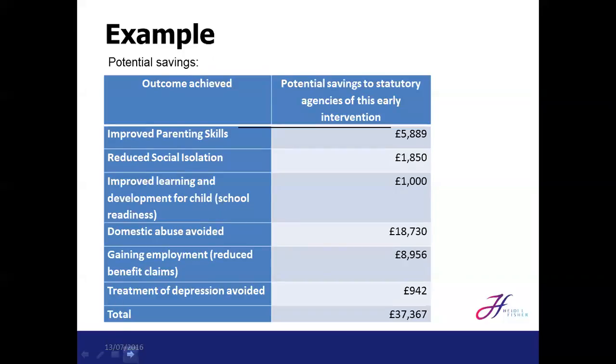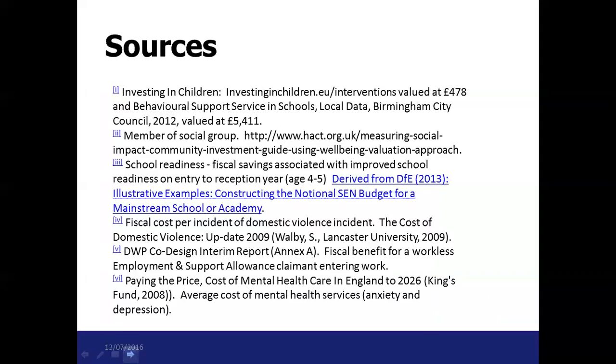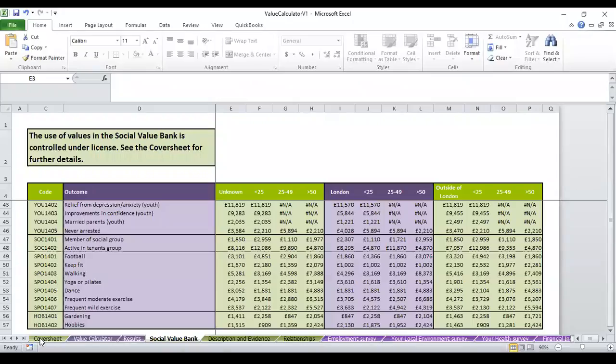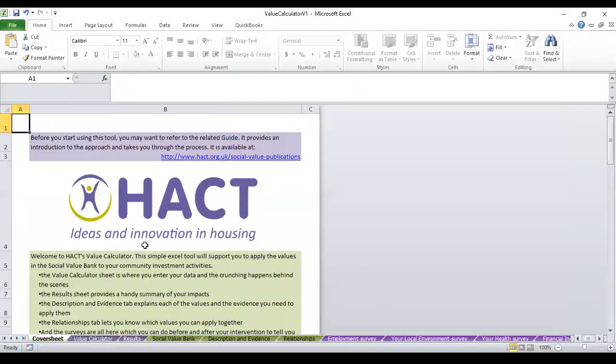But what I want to focus in on is some of these sources of data and where you can potentially go to find them. So if I just do another share and share a different screen for you, what I've got in Excel is a number of different spreadsheets. This one is from Hacked, and it's their value calculator.